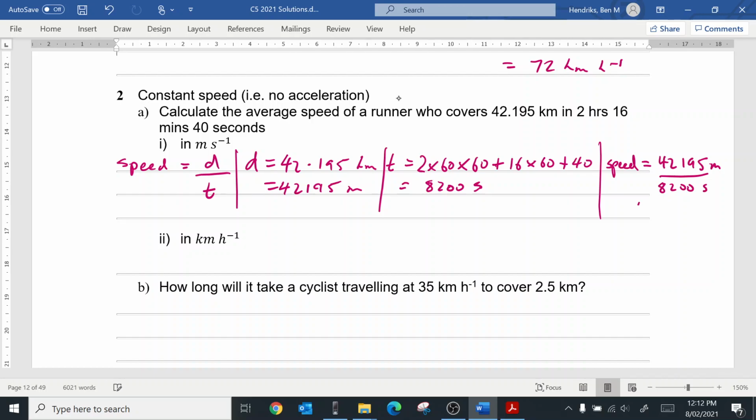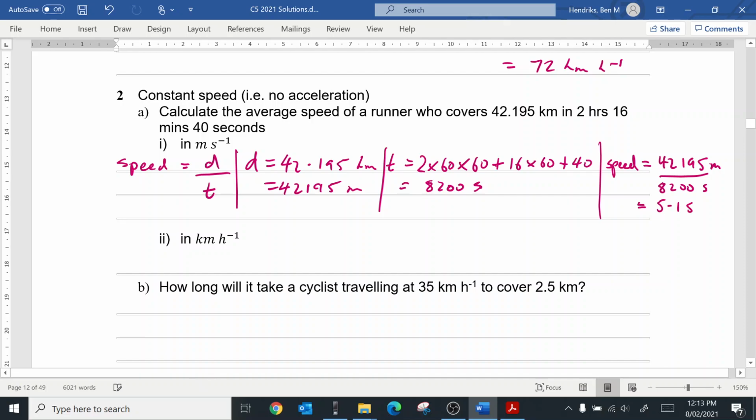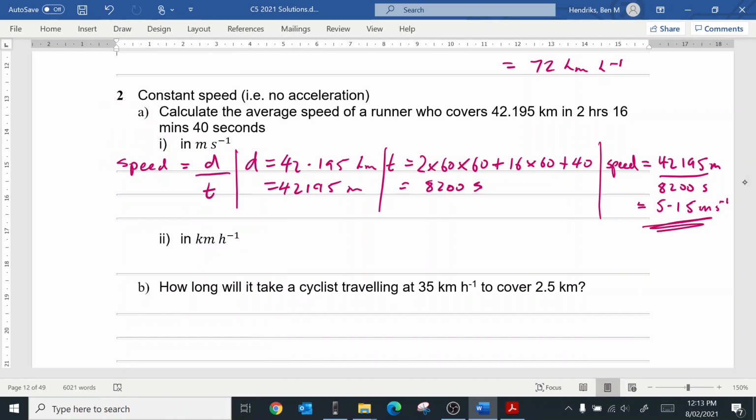Getting our calculator out again, 42,195 divided by 8,200 equals 5.15, and that is meters per second. I've rounded to 3 significant figures here, and because the next digit is a 5, this one rounds up. So that's our average speed in meters per second.